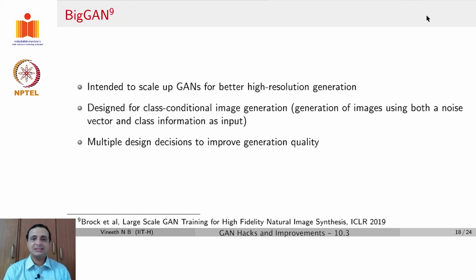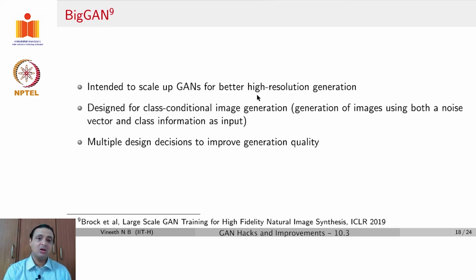Finally, the last method we'll discuss in this lecture is a very popularly used one these days, known as BigGAN, which was published in ICLR of 2019. The focus of BigGAN was to scale up GANs for better high-resolution generation.